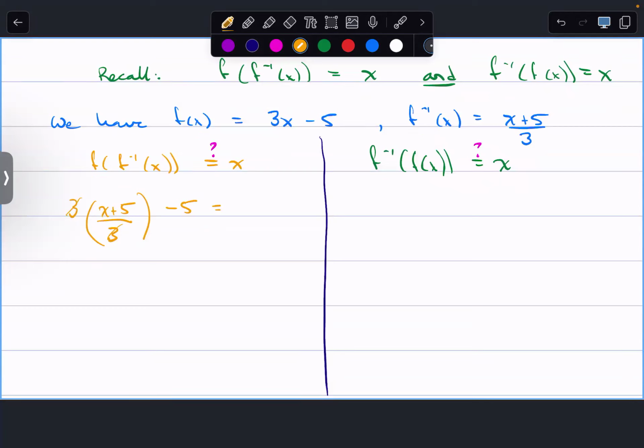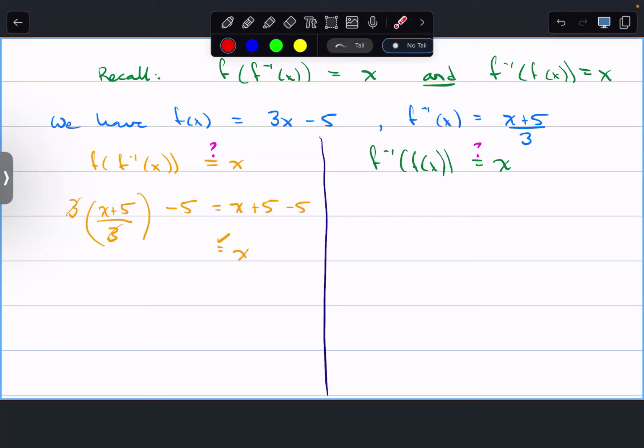And so then I'm left with x plus 5 minus 5. As far as I can see, that does equal x, which is great. Which means that the inverse that we found is, in fact, the inverse of the f of x we were looking for. If you're not able to cancel things out and get to x, something's gone wrong.